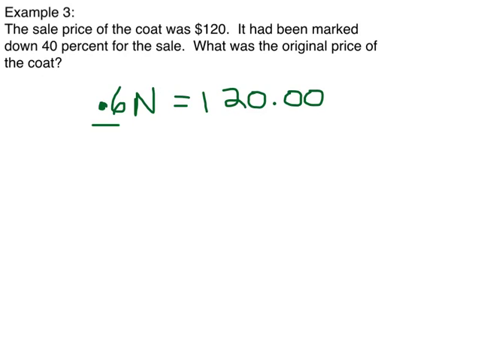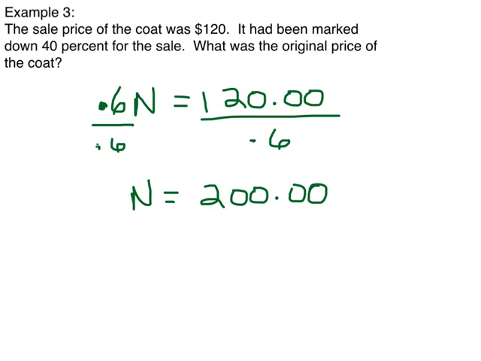All right, so what I'm going to do here is divide by 0.6, 60%. When I do that, I'm going to find that it equals $200. So the original price of the coat was $200, and 200 minus 40% is $120.